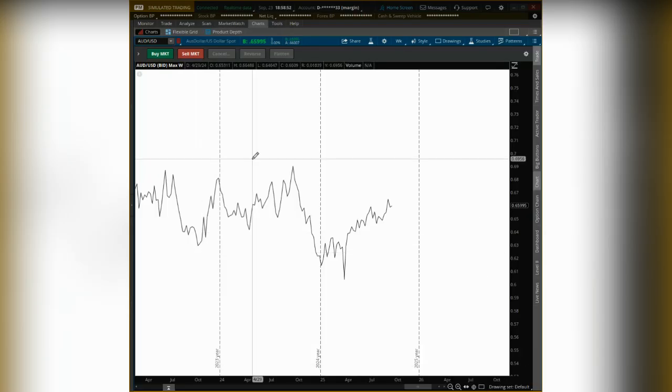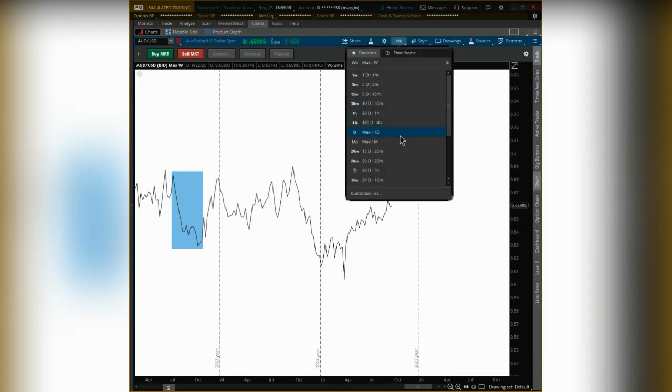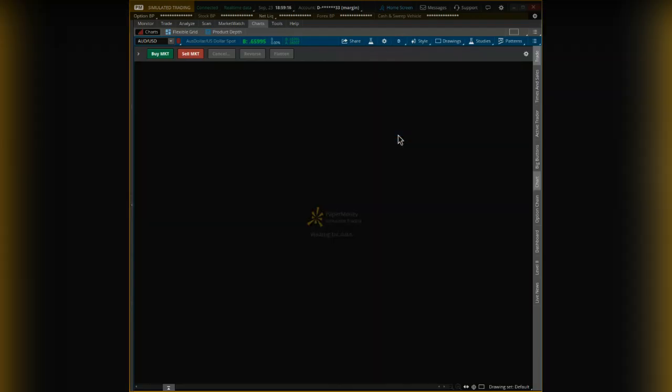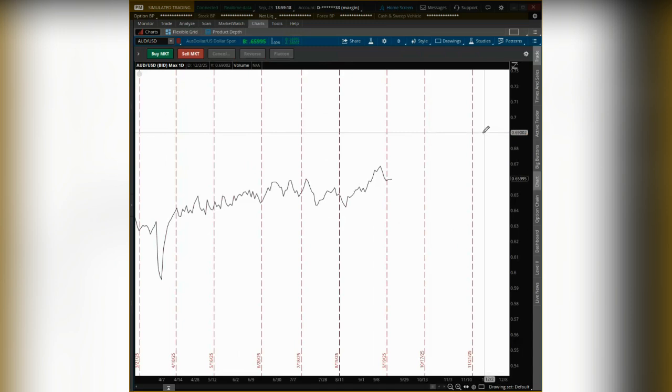Now you'll learn these and you'll find them at random. Not exact, but a long leg dip up. So it went from here to here. So I can't do anything there. In the interim, I want something really clear, so we'll move to daily and see what we have on the daily.